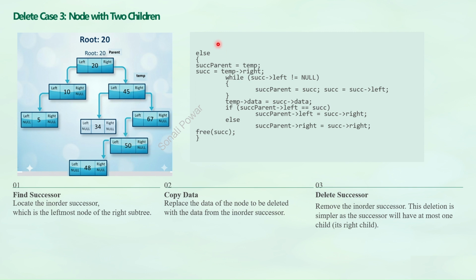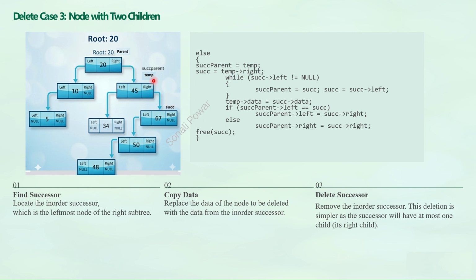For this, we have to write this code, and initially you have to set the successor parent to temp, which means successor parent will be present at this location, and successor will be temp right, meaning this will be your successor. This will be the initial setting. Once you have done this, this will be the resultant status of your pointers.